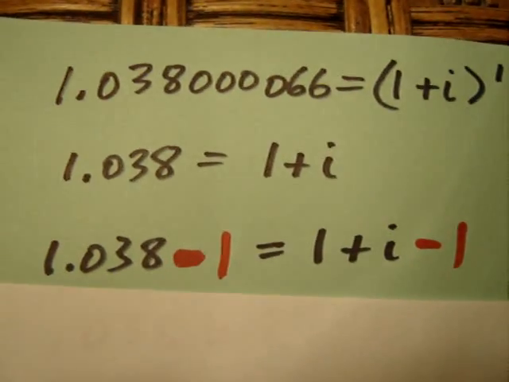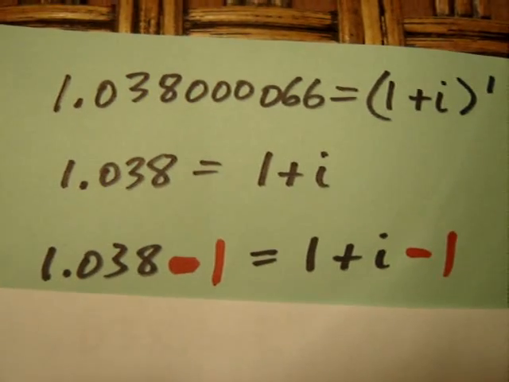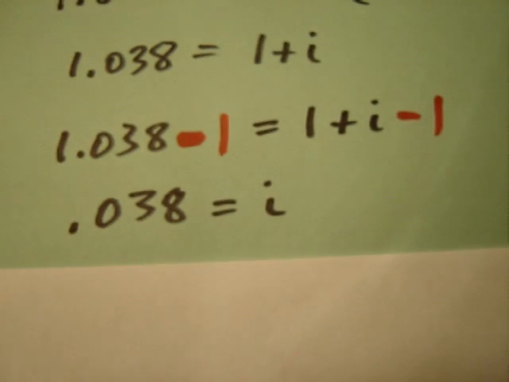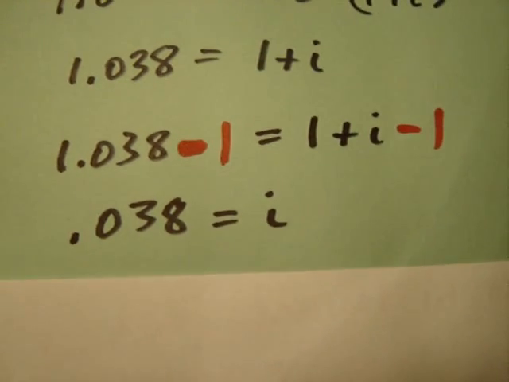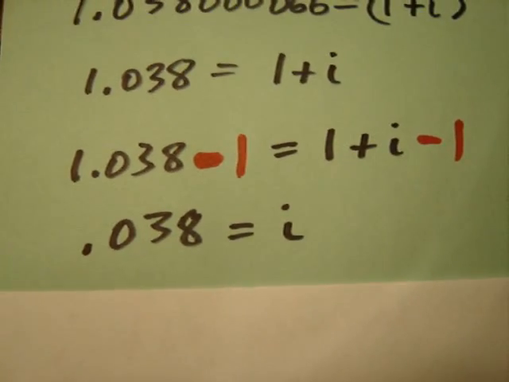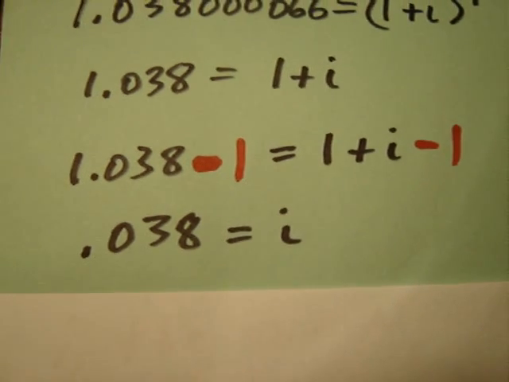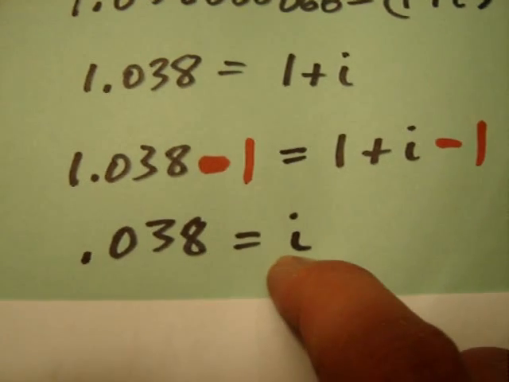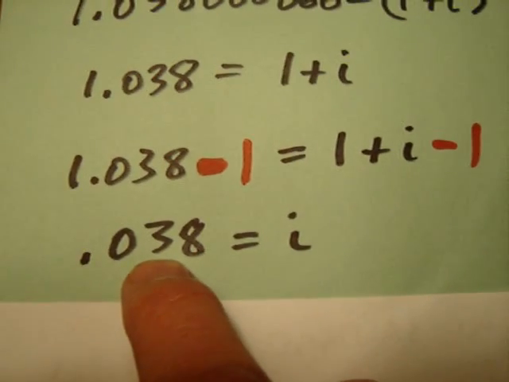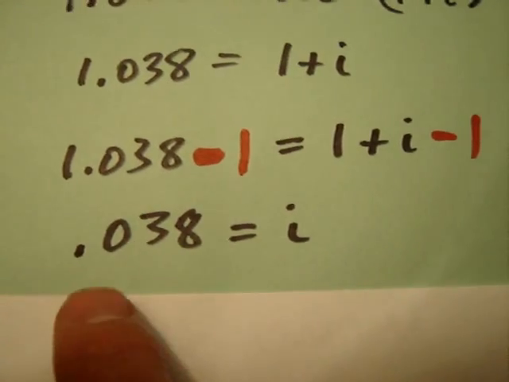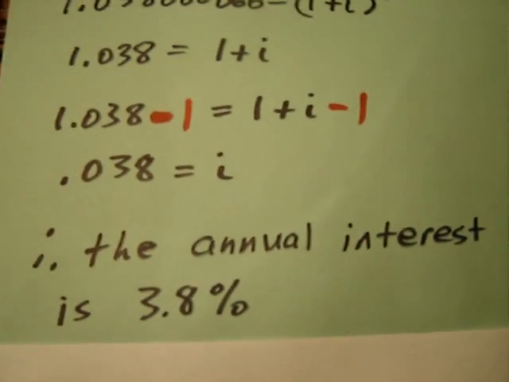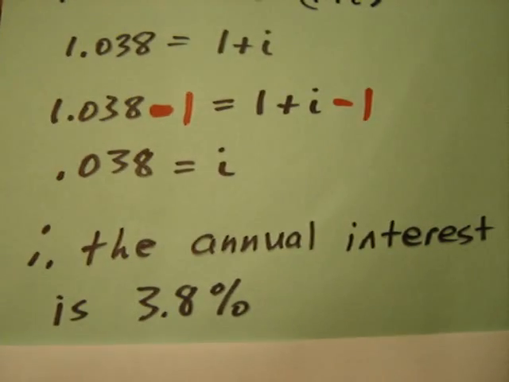Doing that subtracting tells me 1.038 minus 1 equals 1 plus I minus 1, which tells me that 0.038 equals I. Going back to our table, we know that this was an annual compounding situation, which means little letter I was simply equal to the interest rate. Since we're going to express it as a percentage, we move the decimal place back over 2, and we can say the annual interest rate is 3.8%.